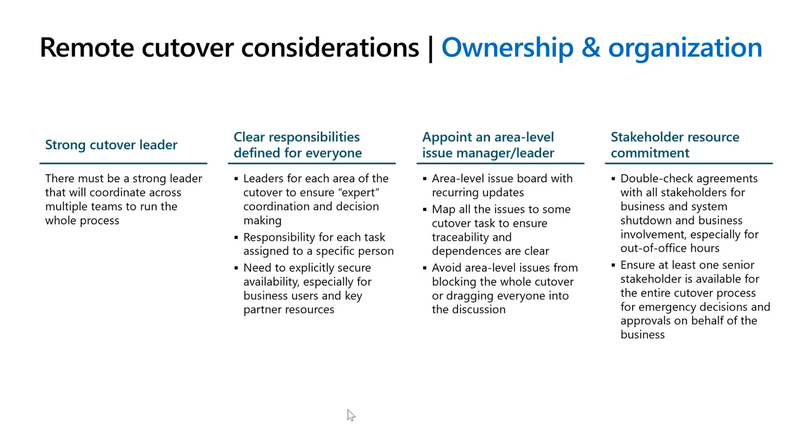So you need to reinforce that commitment. Make sure you've got at least one senior stakeholder available throughout the cutover period for any emergency decisions, any resource requirements, any cost implications, quality implications, business implications that you can reach out to immediately, right?